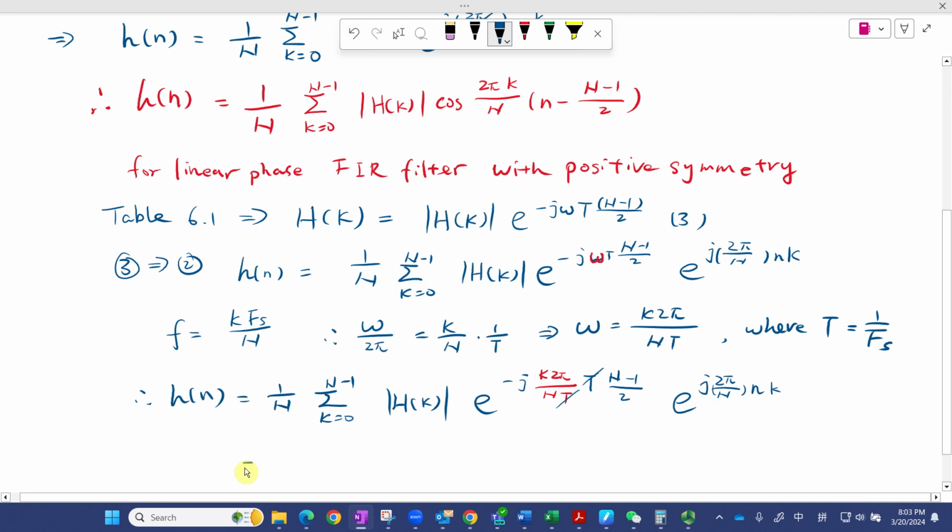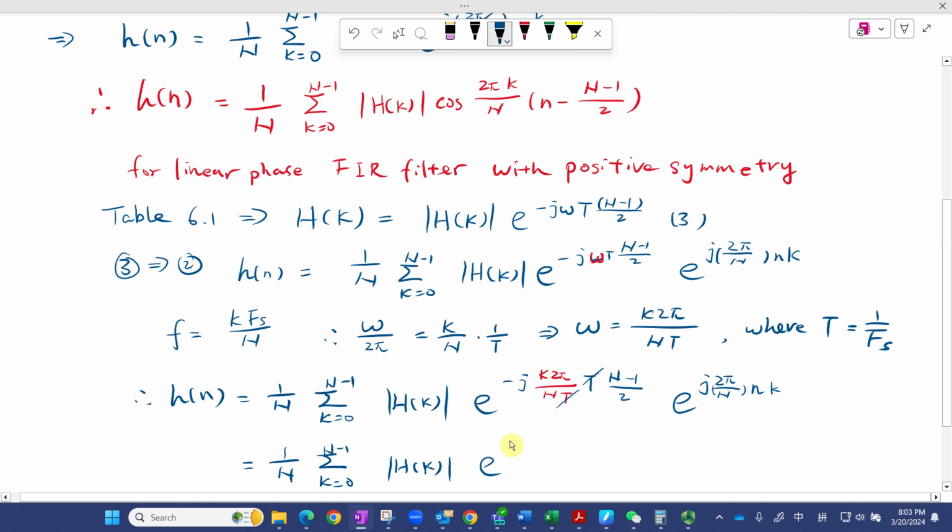So for the next line, we just copy down the front matter: H[k], magnitude, e to the power of, here's a k, here's a k as well.